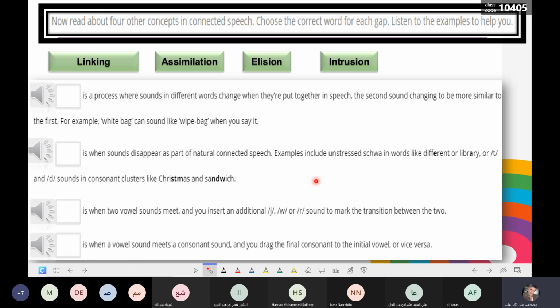We say Christmas, and also the word sandwich: we don't say sand, we say sandwich. And this is called elision. We can say the sound is no longer there.